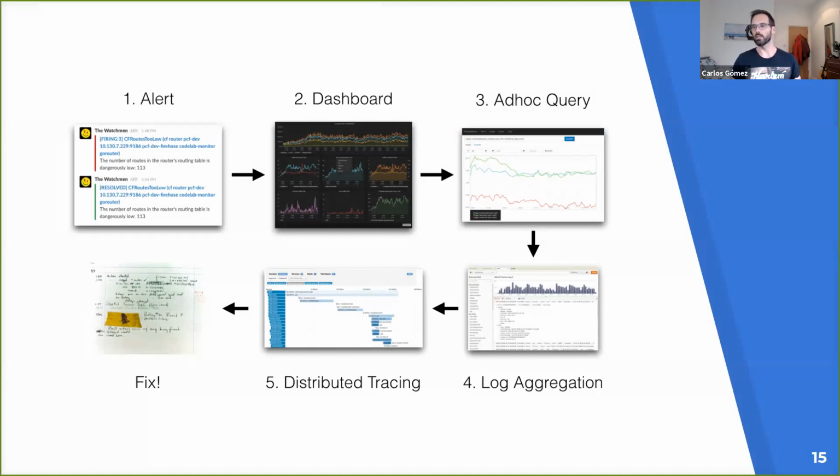And that triggers some actions. That triggers an investigation. So what's happening? First step, I normally go into the dashboards, see what's happening with my app. If I don't have any dashboards, I might go directly into running some queries on my Prometheus servers and see what is roughly happening, whether it has been happening for a long time, or has been just a spike.